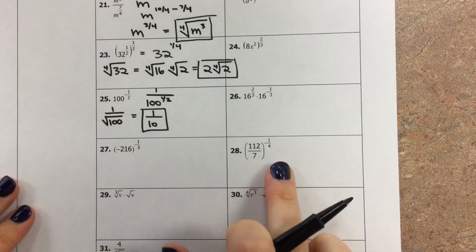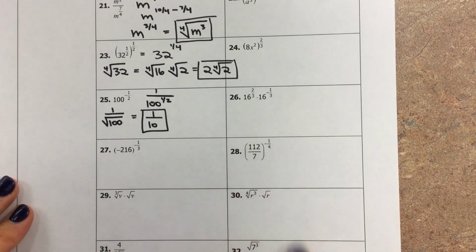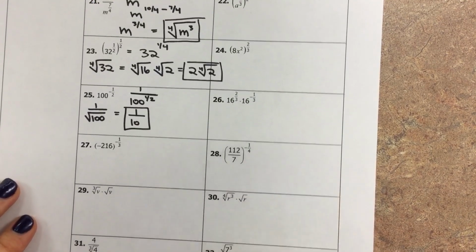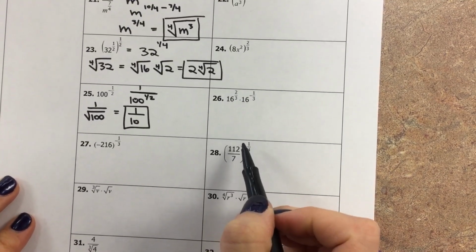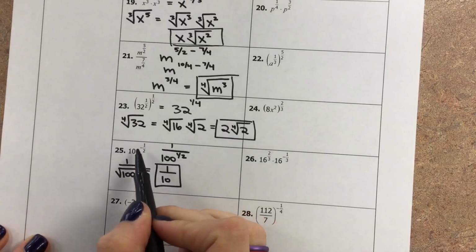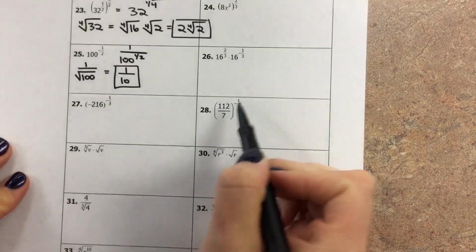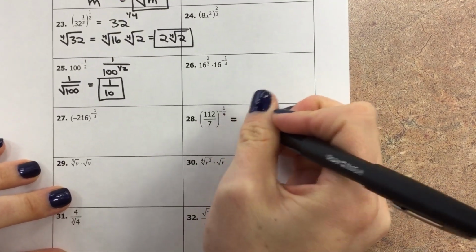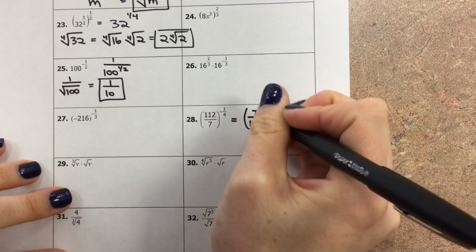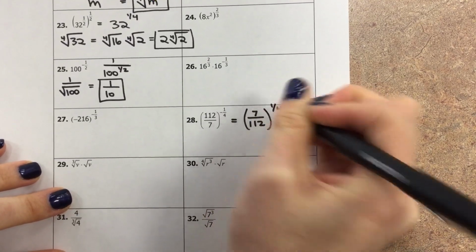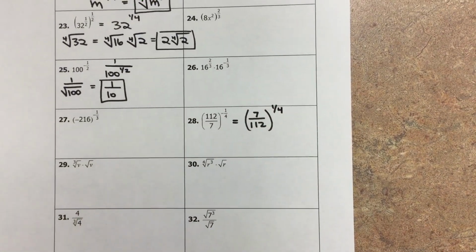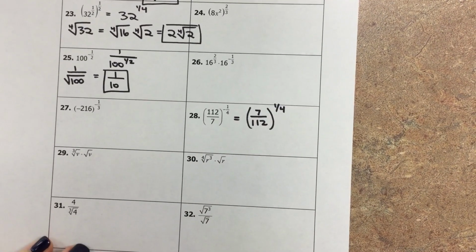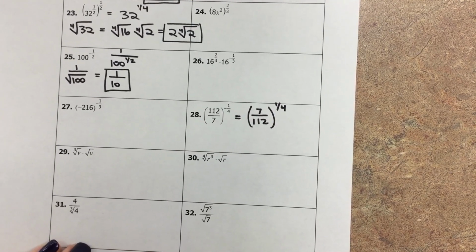All right, for a little bit, we're going to switch over to the evens here. We're actually going to do both of these bottom ones. So evens over here, negative 1/4 power. If the entire thing is raised to the negative 1/4 power, this negative made me flip down the 100. This is a fraction, so the negative is actually going to make me flip the entire fraction to 7 over 112, and then I raise that to the positive 1/4 power. So it flips the fraction and changes this to a positive exponent. 7 over 112 actually reduces.